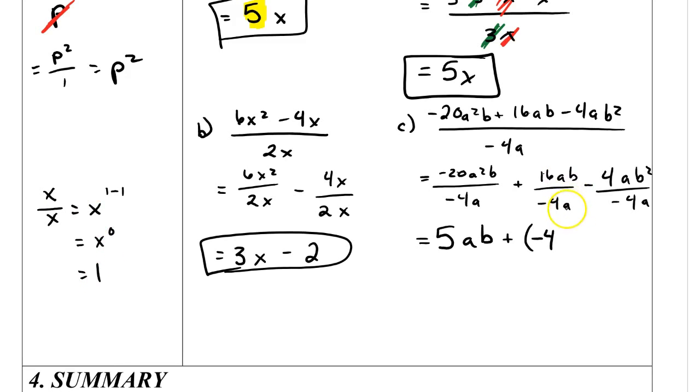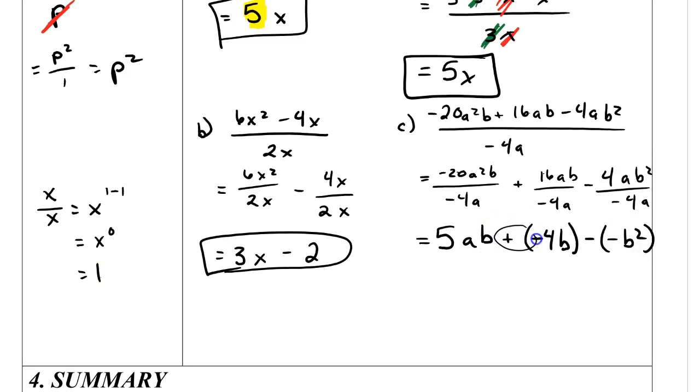So a divided by a is 1, and we have a b left over on top. Minus 4 divided by negative 4 is negative 1. Okay, I won't put the negative 1 because we don't need to write a 1 as a coefficient. It's always implied. A divided by a is 1 times b squared.